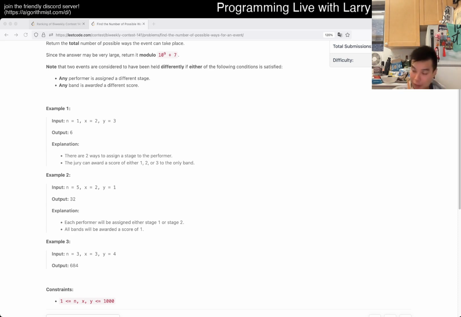Do we subtract it from the number of ways that how many ways are there that the 2 groups will fit? Okay, so we have 3 to the n. But then now okay, the stage part, fine. But now we're saying, okay.